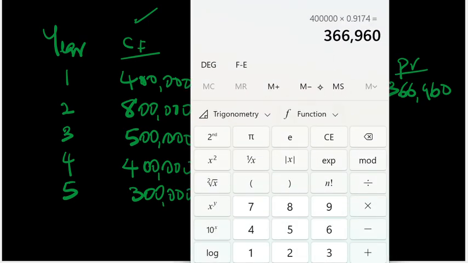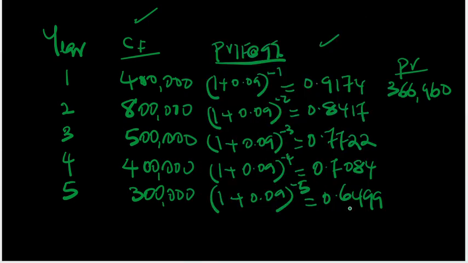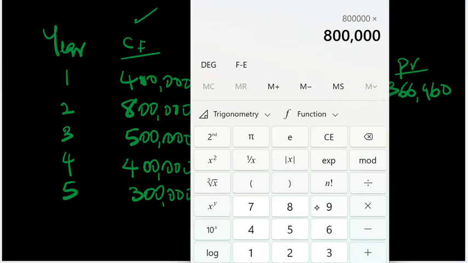The next one is 800,000 multiplied by 0.8417. That is 673,360.